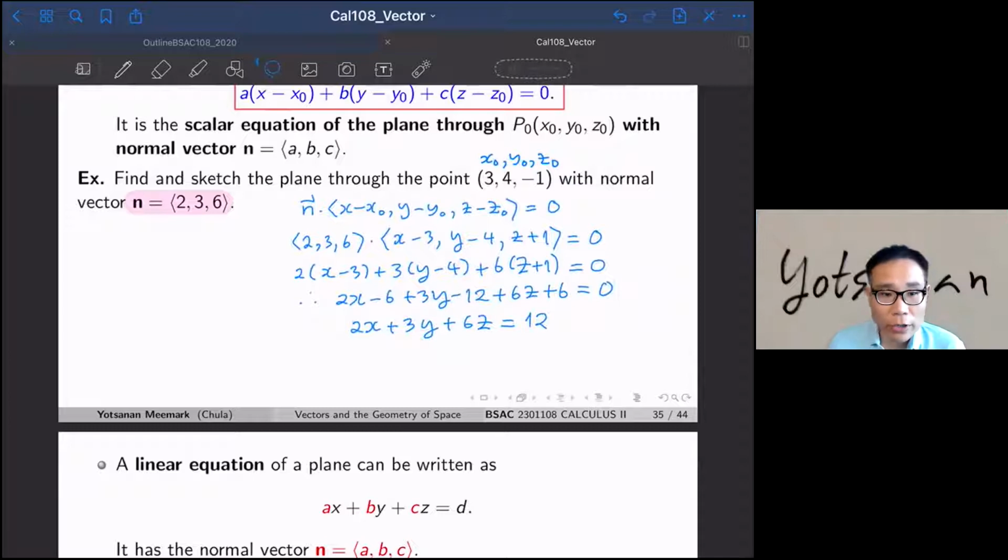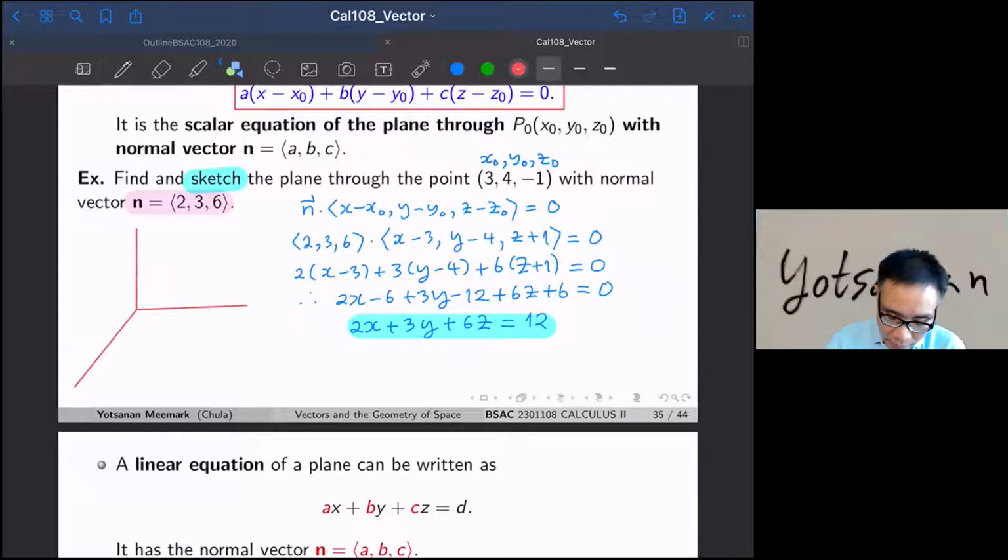The next question asks us to sketch the plane. So we have this equation of the plane, and we would like to sketch it. We're going to sketch by using the axes x, y, and z. So you're going to have something like this, with the x-axis, y-axis, and z-axis.